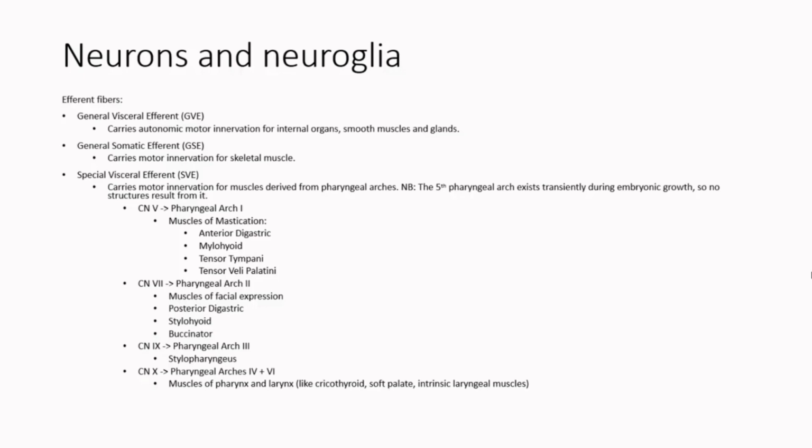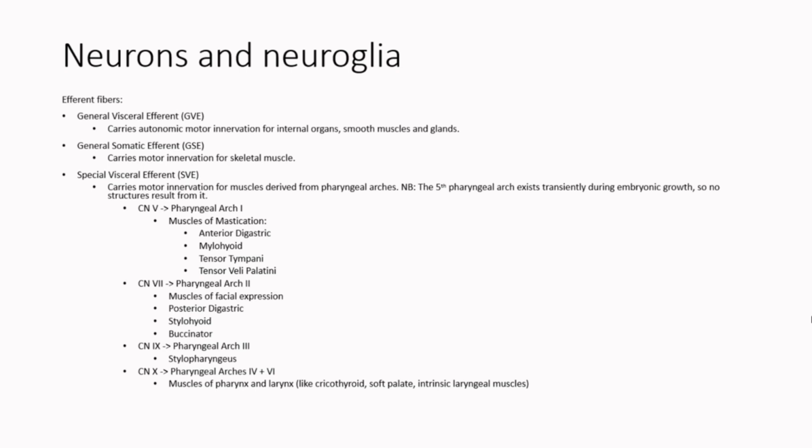And then you have this special visceral efferent, which carries motor innervation for muscles derived from the pharyngeal arches. And we mentioned the pharyngeal arch, but I didn't mention that we have 6 of them, and the 5th one exists only during the embryonic period, so we will not have any structure resulting from it.